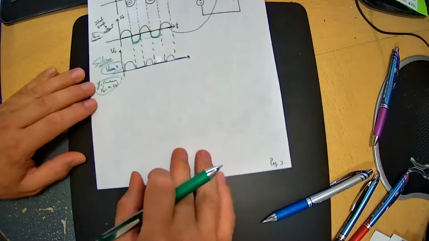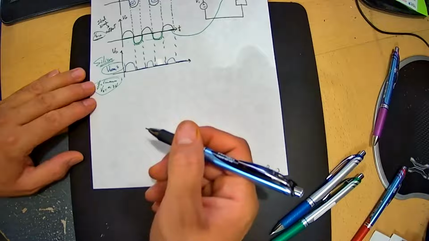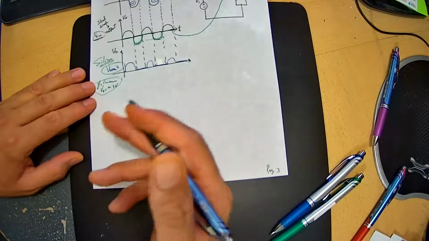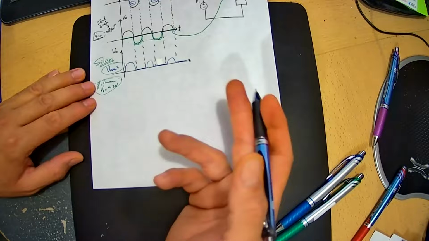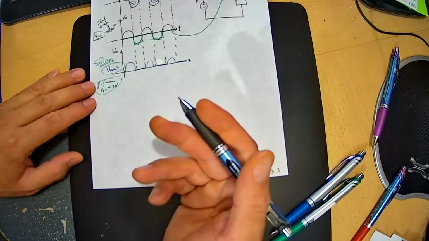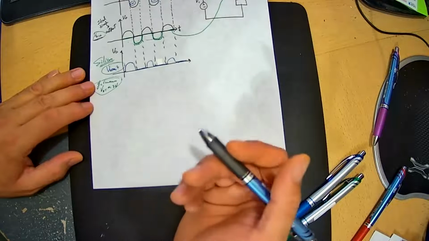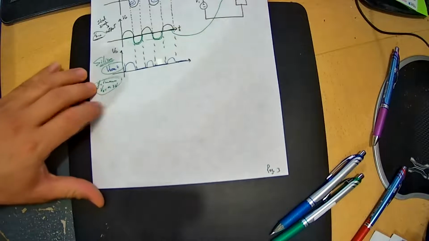Okay, so let me give you a circuit and try to analyze it through a different format, and I put the wave signal. So you will understand it a little bit better. Let me put a new page here.